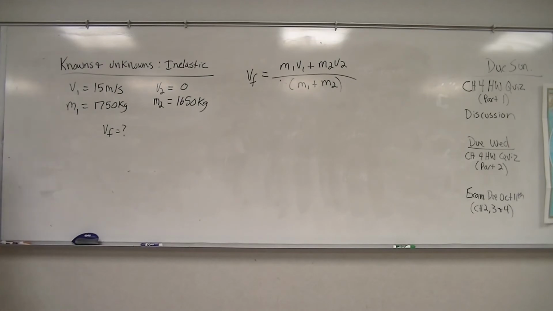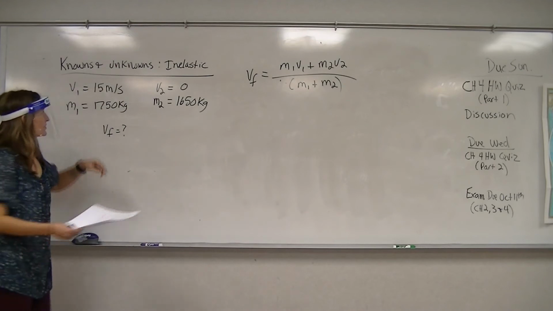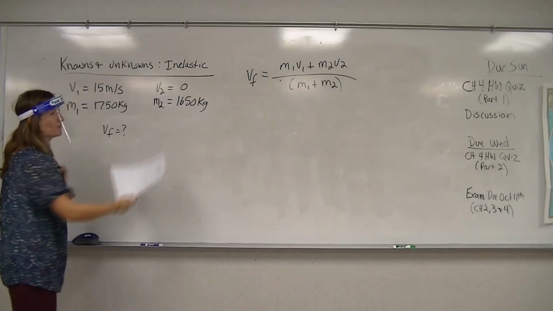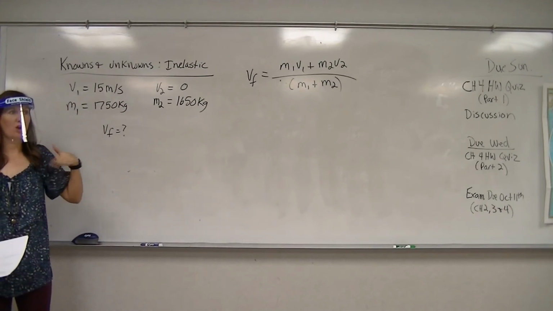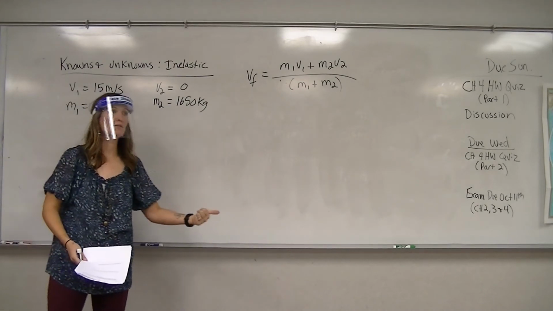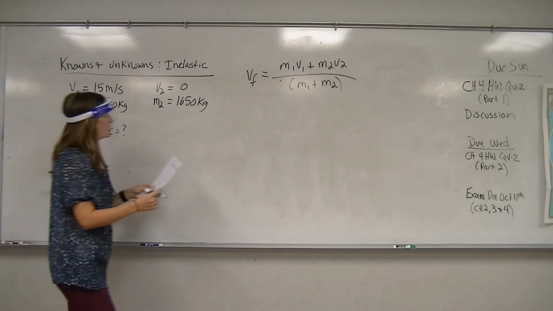When we're calculating our final velocity, remember, since it's a collision and momentum's conserved, the velocity should be in between these two numbers. If you think about it, if you rear-end a parked car, your car slows down and the parked car speeds up, starts moving. So we should see something in between if they were stuck together.